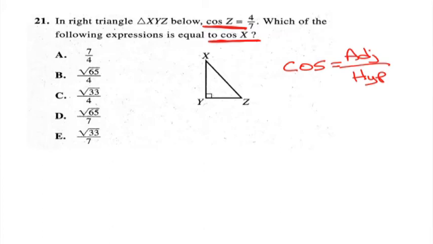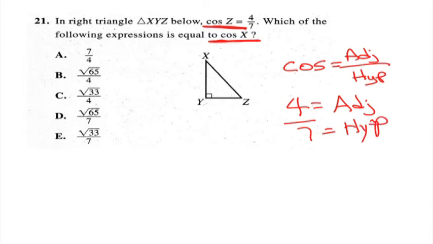So I'm going to use the 4 as my adjacent, and the 7 is my hypotenuse. So the first thing we do is label the hypotenuse over here as 7, and as measured from angle Z, this is a 4.